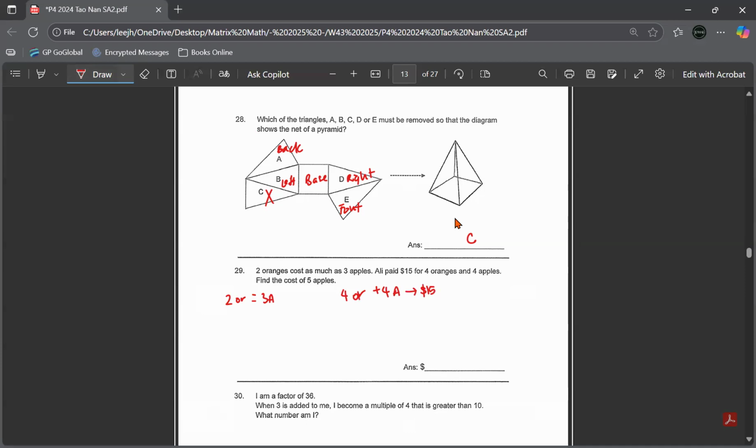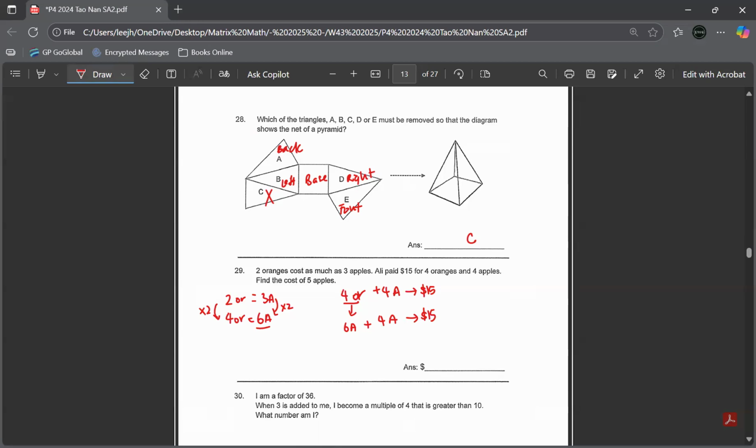So we need to change. We want to find apple, right? We change the oranges to apples. So here got four. Change the two to four, times two, times two. So four oranges is equal to six apples. So this one, 6A plus 4A, $15.